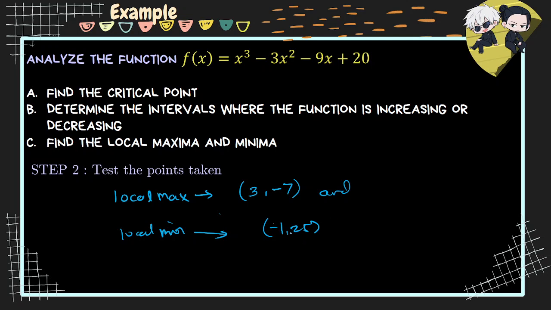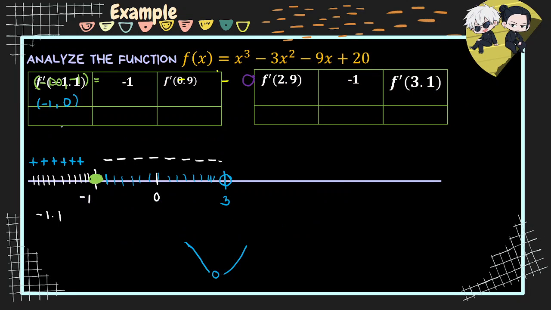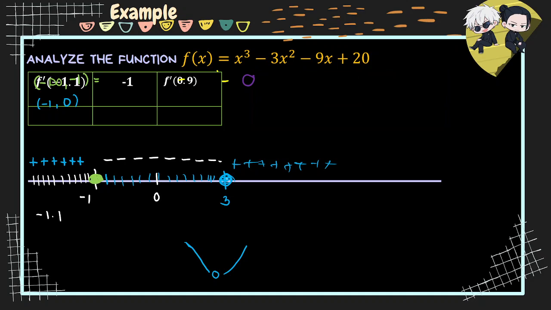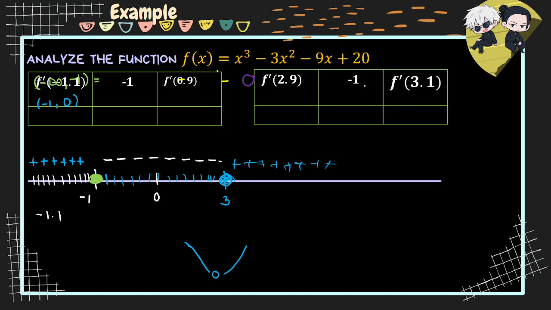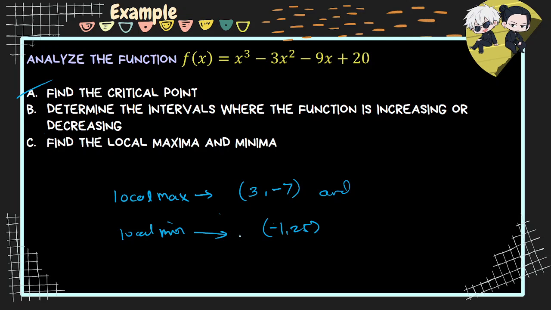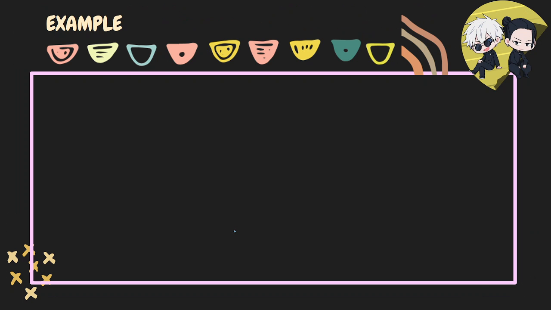Okay? So, we're done. We found the critical points and used the first derivative test. Since it goes up there, the point 3 is a local minimum, but the point negative 1 is a local maximum. Okay? So, we got the local maximum.